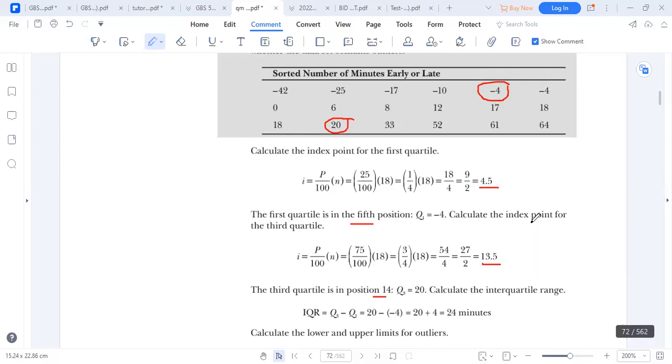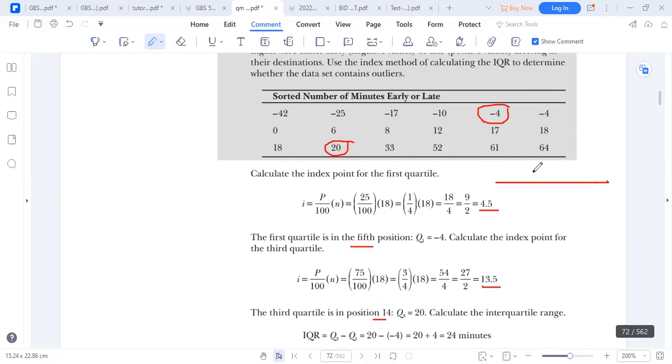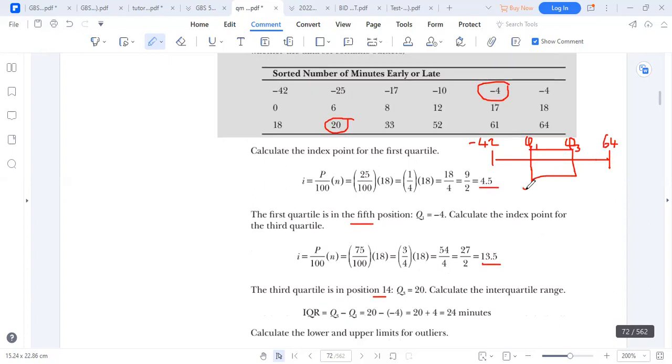All right. So already we have the lowest value here, which is -42. The highest value is 64. The Q1 and Q3 are the important ones. Q1 is -4, Q3 is 20.